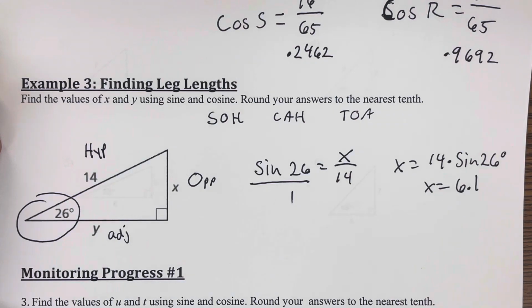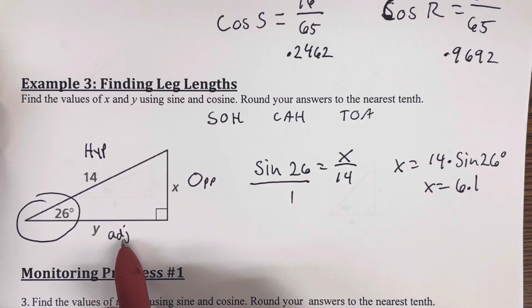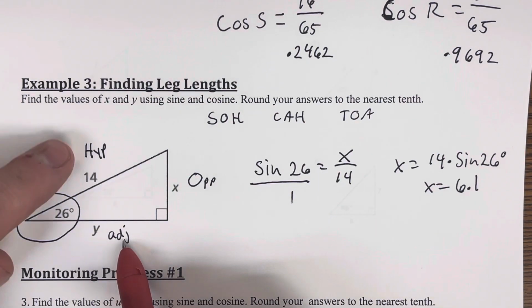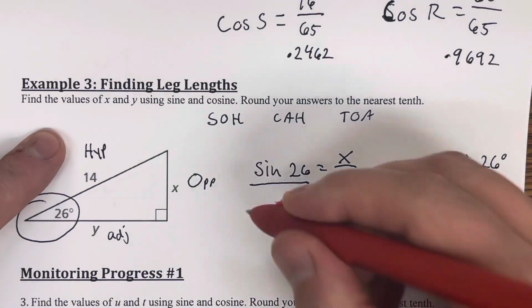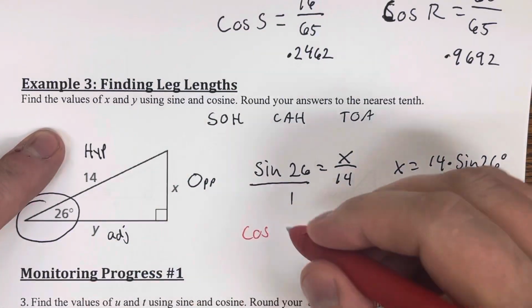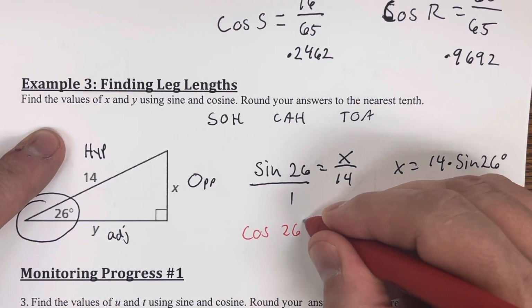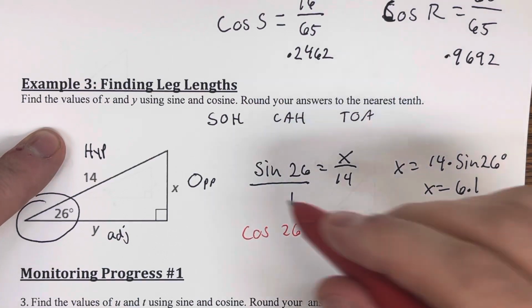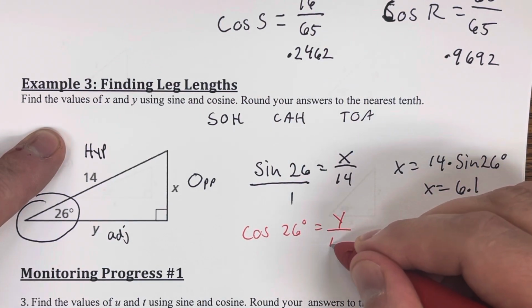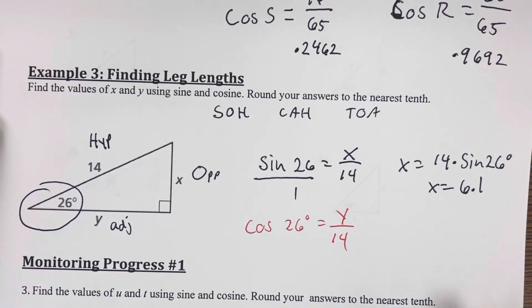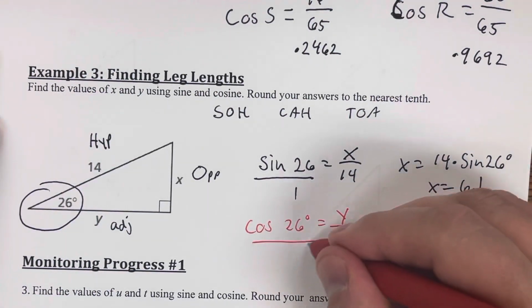Now, the other piece, Y. Y is adjacent. I still want to use the whole number, my 14. So adjacent and hypotenuse is the CAH ratio, A and H. We're going to use cosine of the angle, 26 degrees, equals the adjacent piece over the hypotenuse. So that's Y over 14. Then I would cross multiply to solve, put it over 1.